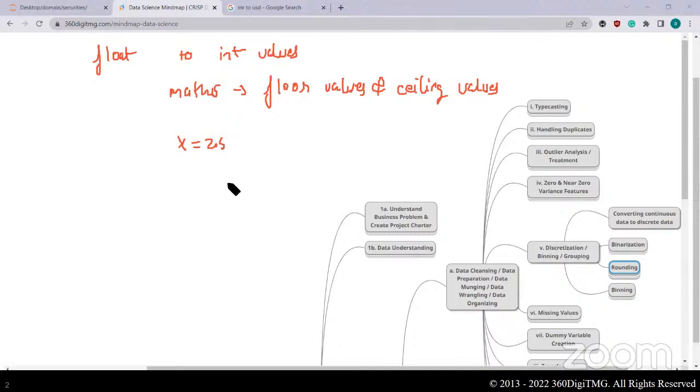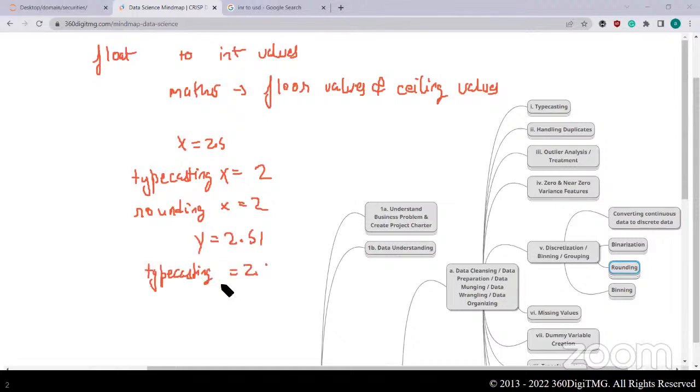This becomes 2. What happens in rounding? X becomes 2. Okay. But what if you have another variable y that is 2.51? In typecasting, this becomes 2.